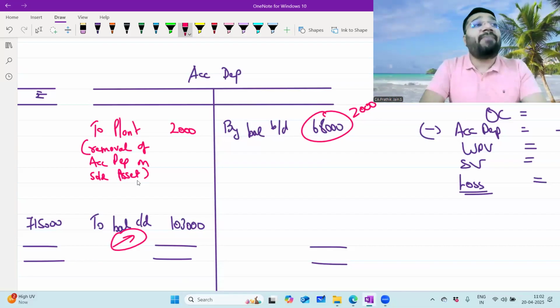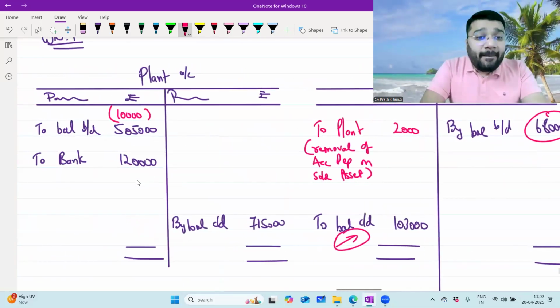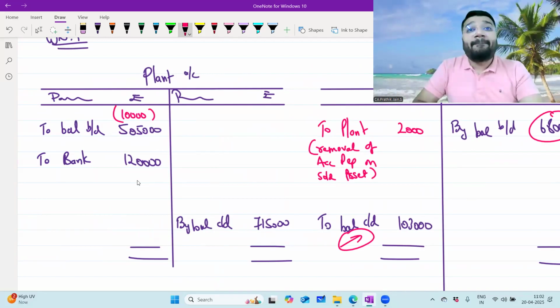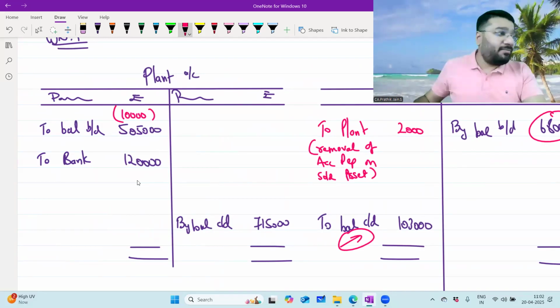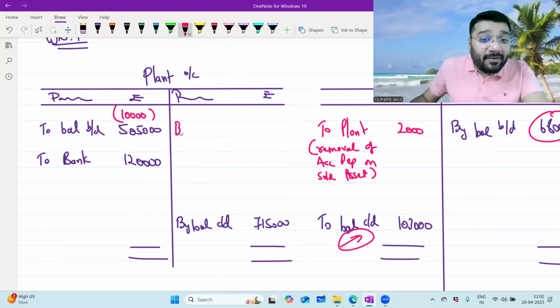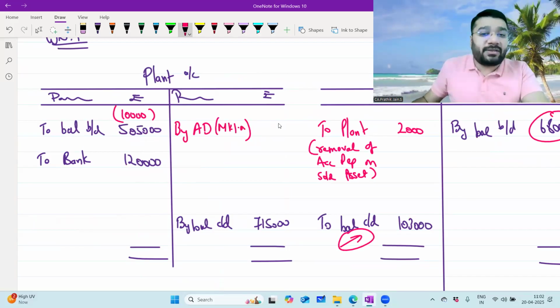So this entry will have an impact in one more place. This is called monkey 1A. Monkey 1 is depreciation, my dear. So accumulated depreciation is monkey 1A. How much is it? 2,000. Any problem?